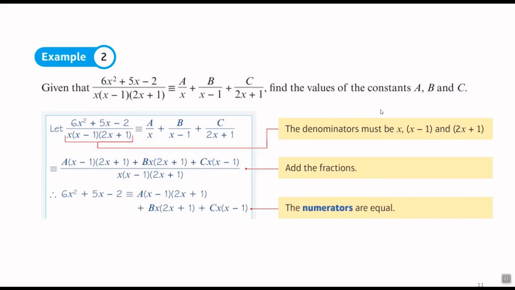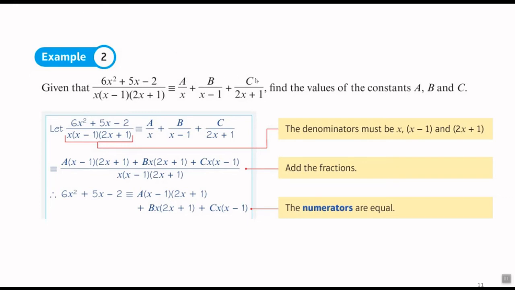So look at this example. 6x squared plus 5x minus 2, quadratic, divided by x times x minus 1 times 2x plus 1 is identical to a divided by x plus b divided by x minus 1 plus c divided by 2x plus 1.